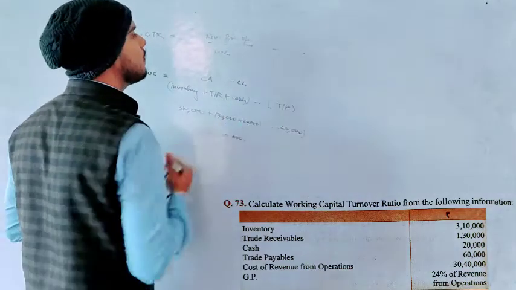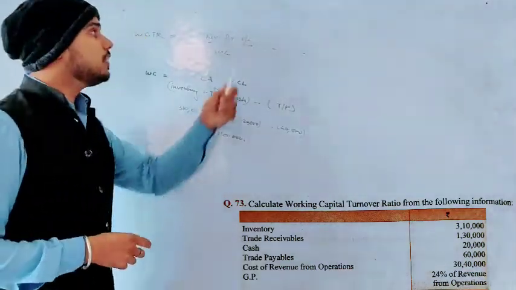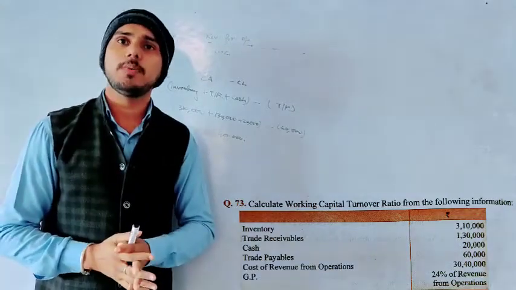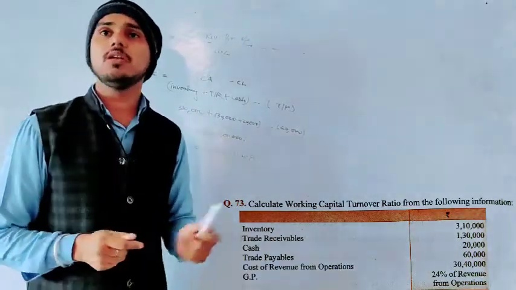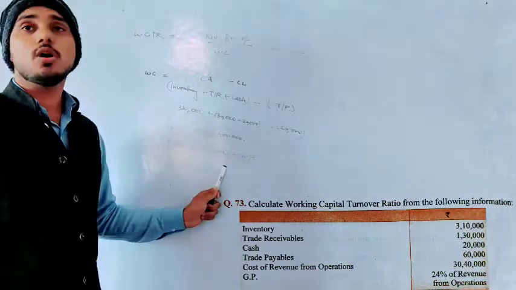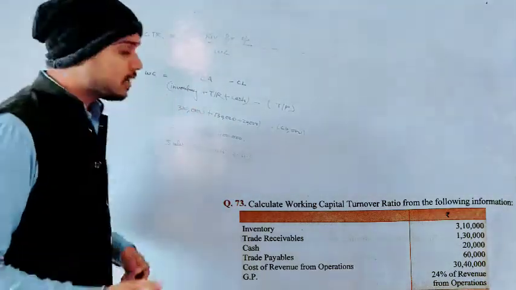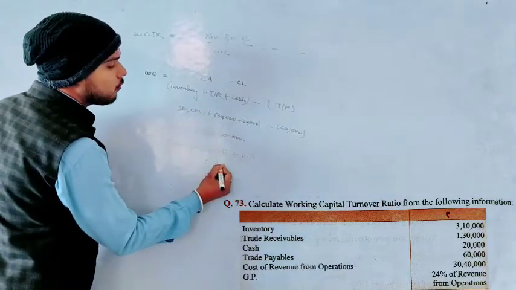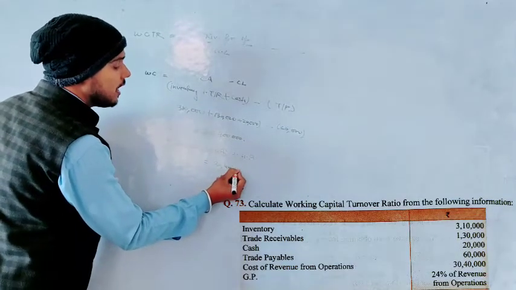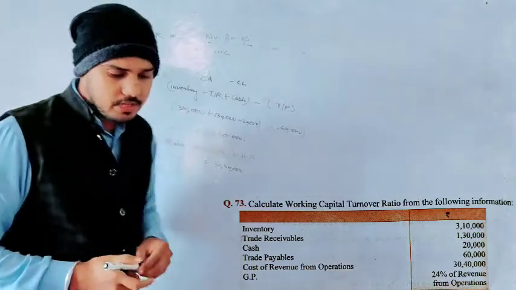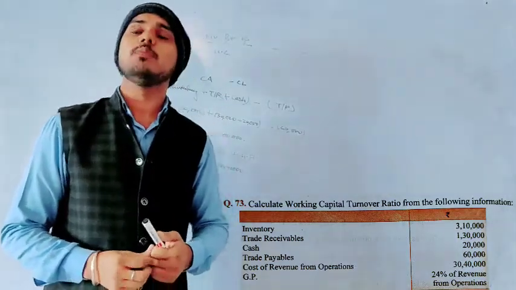Now we know our working capital of 4 lakh. We need to find our revenue from operation, that is sales. We need two things for sales, that is cost of goods sold and gross profit. Now we have cost of goods sold given as 30 lakh 40,000, and gross profit is given as 24% of sales.